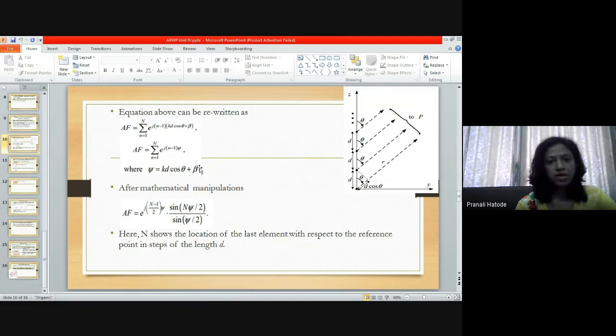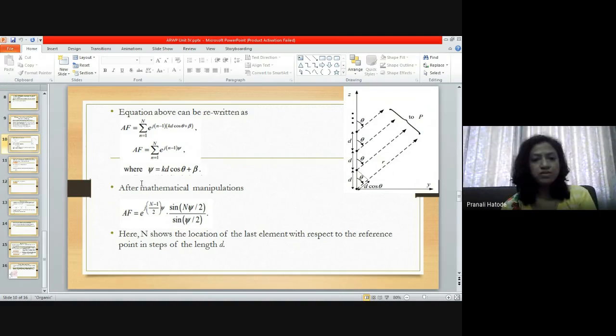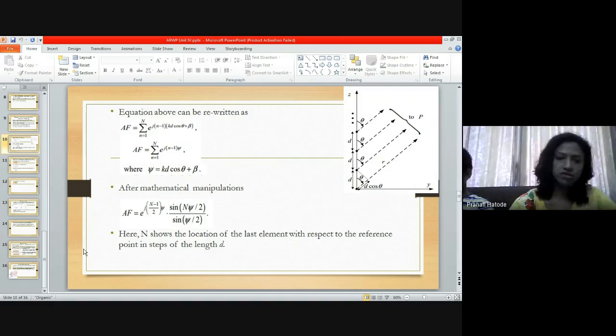Here you can see that kd cos theta plus beta is replaced by psi, for simplification of the calculation. So the new equation for the array factor comes out to be this one. Here n shows the location of the last element with respect to the reference point P in steps of length d. That means the spacing between the elements is d.